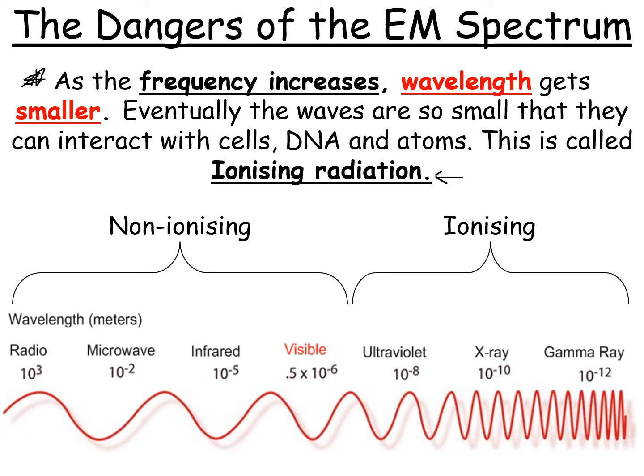Okay, the ionizing radiation, as you're going to learn, is the really dangerous ones because those are the ones that can give you an increased chance of getting cancer. They're also the ones that are used to treat cancer. The non-ionizing radiation is relatively safe. So this is, for example, why we can have radios, because remember, there are millions of radio waves passing through each second, but it doesn't give you an increased risk of cancer.